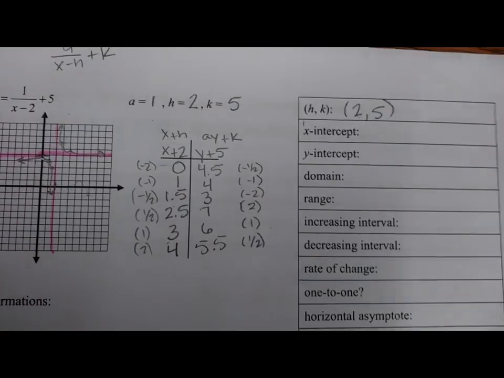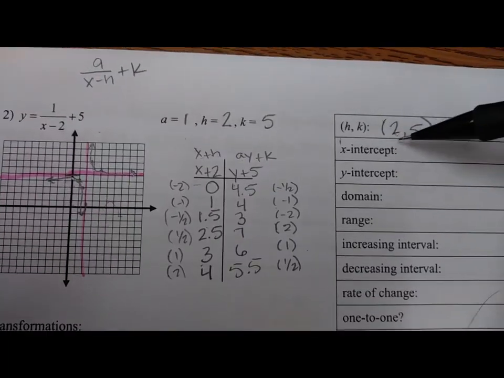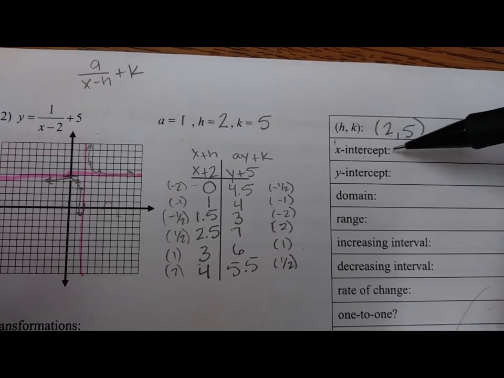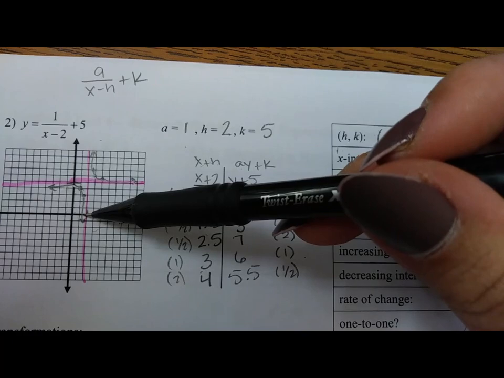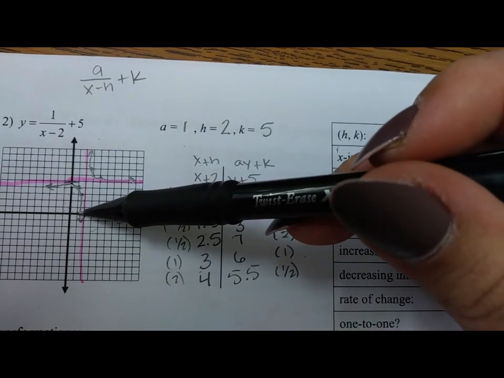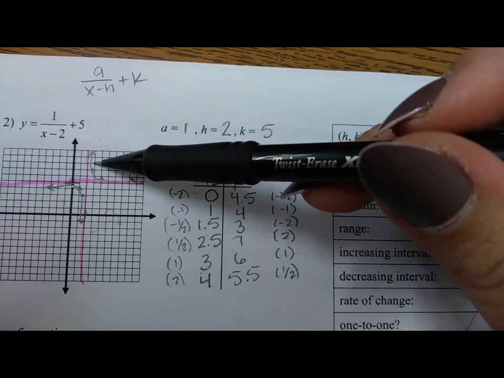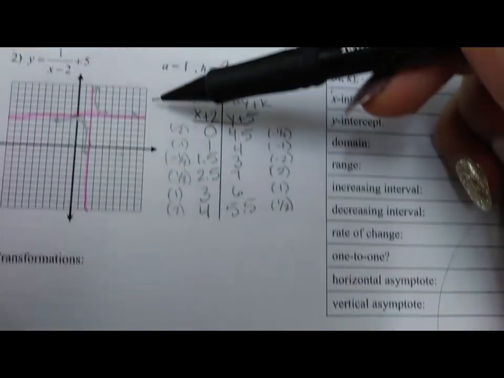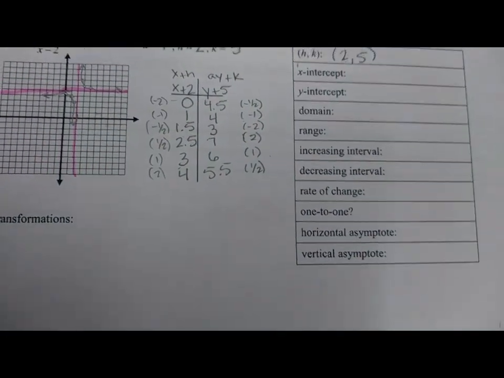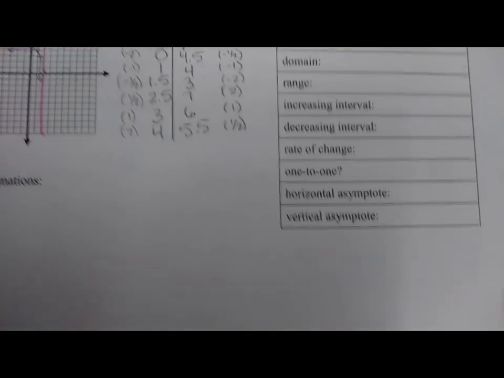Now, when we look for our x-intercept, we see that it does cross the x-axis over here, right? This one will never cross x or y, but this one actually crosses x and y. So we need to find that, and the only way to find that is by using math, your favorite.